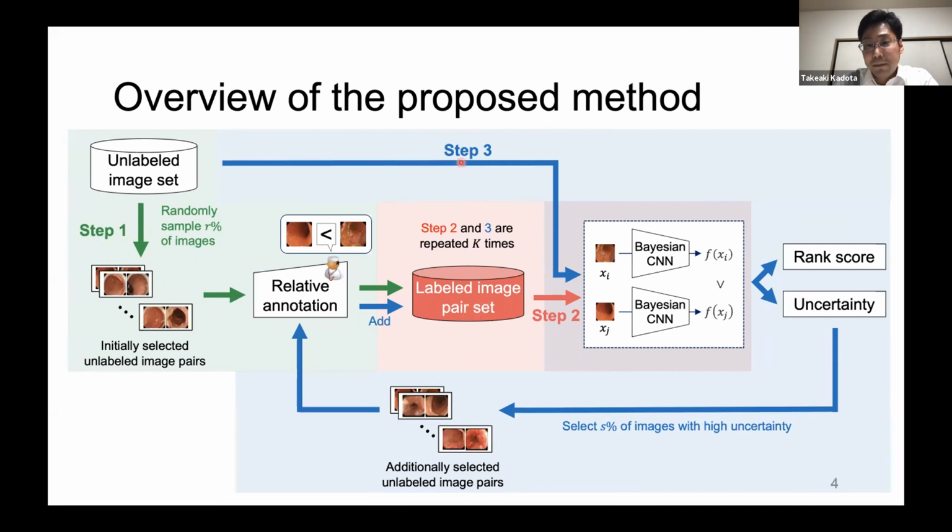In step 3, pairs are created based on the estimated uncertainty and added to the training dataset. Step 2 and step 3 are repeated to train the Bayesian CNN, while gradually increasing the number of training data.